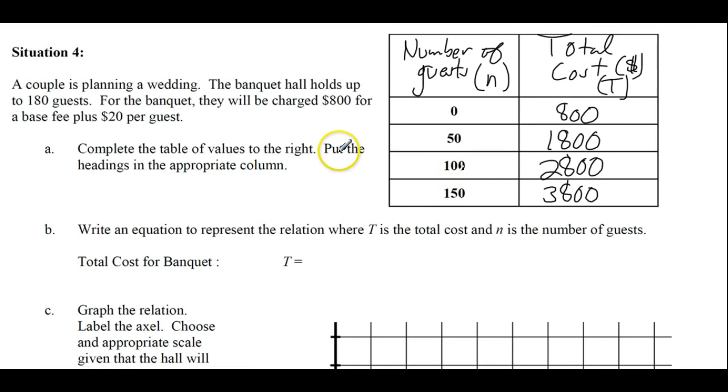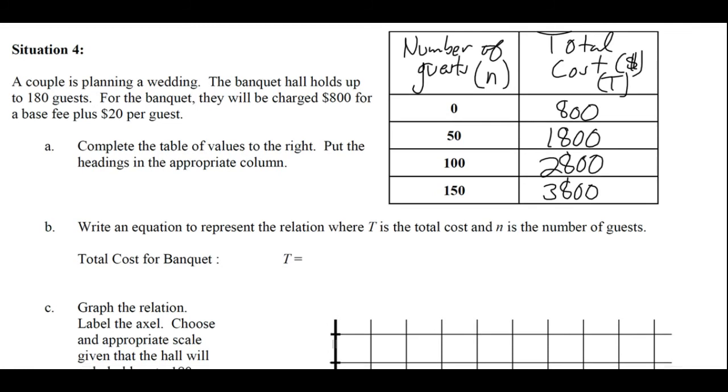So 150 times 20 is $3,000, plus the $800, which is the base fee, which probably pays for renting the hall, setup, takedown, and cleaning, and then the $20 per guest is for the meal and whatever.